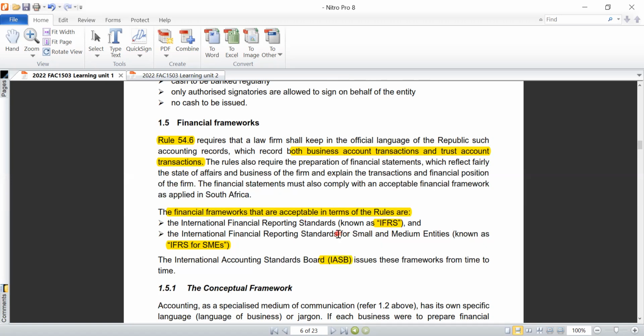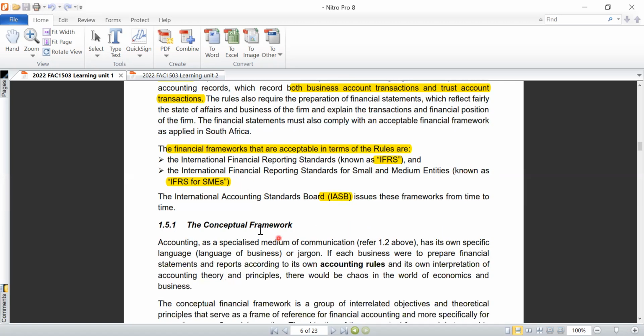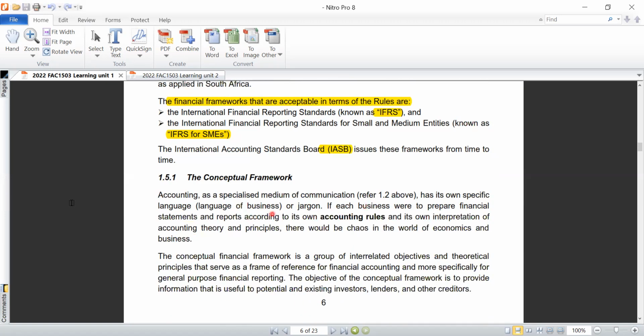A financial framework here is just a standardized format that has to be followed when you're structuring your financial statements, basically, right? Then the conceptual framework. The conceptual framework is your accounting rules and interpretations of certain accounting theories. So that's what the conceptual framework is all about.